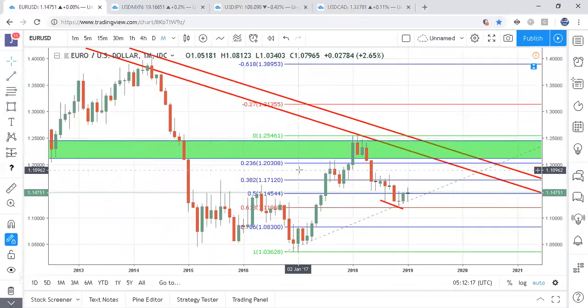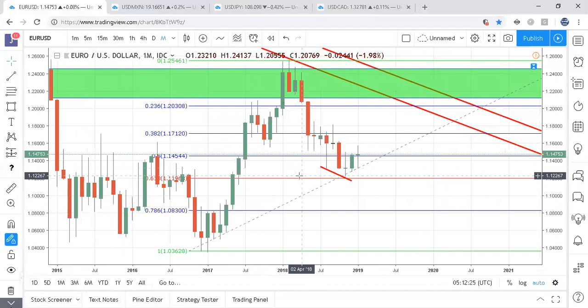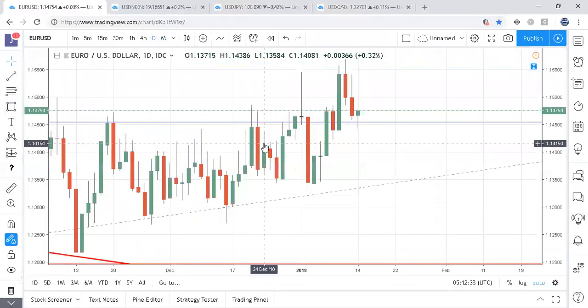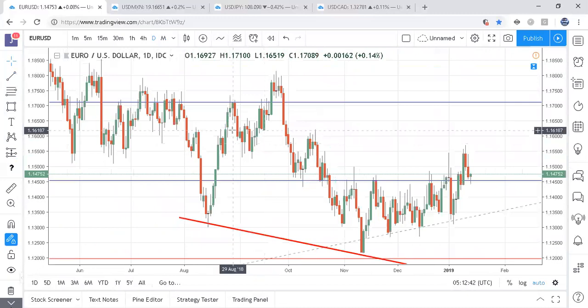It's not the main thing you should be looking for in a reversal, but it is an important thing to add to your confluence of indicators. So we are going to go to the daily, and oh man, that looks lit.